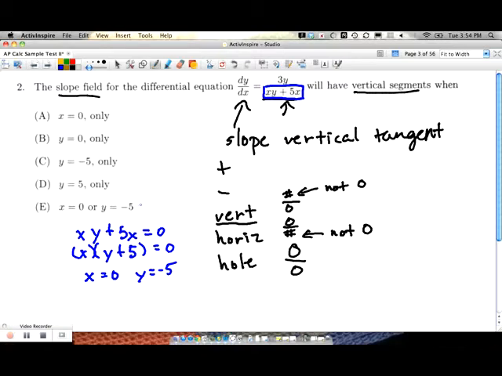Well, just going off those quick assumptions, it looks like E is our most likely candidate. The only thing I need to check is if I were to plug in either of these values, either 0 for x or negative 5 for y, what would that do to the top? Would it make it 0 as well? In this case, it doesn't. So therefore, our answer E is correct.